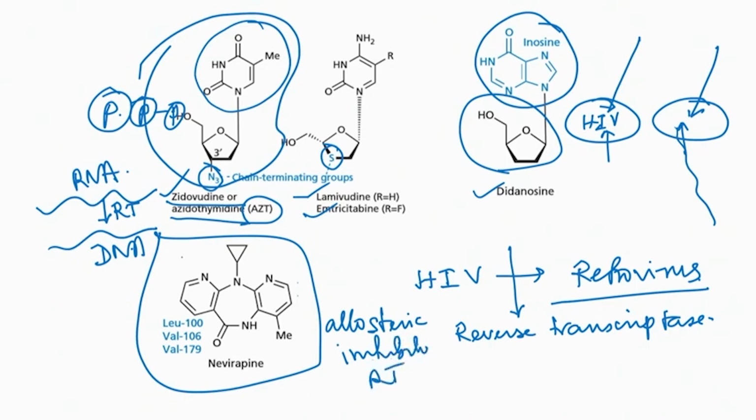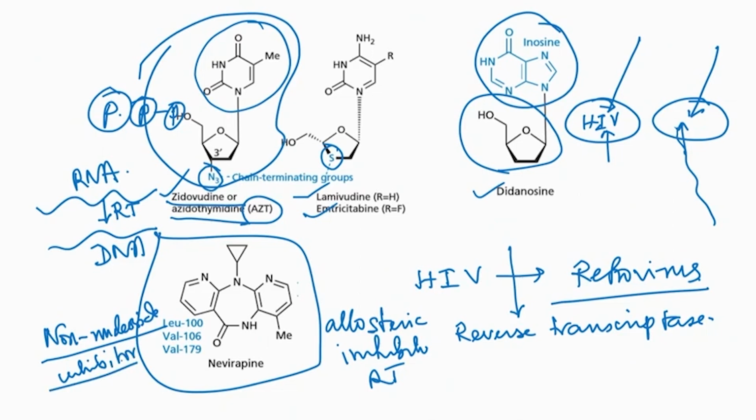Look at the structure, it is also called a non-nucleoside inhibitor, because earlier AZT and all these things are nucleoside, base and sugar, but now you have a non-nucleoside inhibitor, that is, nevirapine is one, maybe some more new ones have come up, okay.